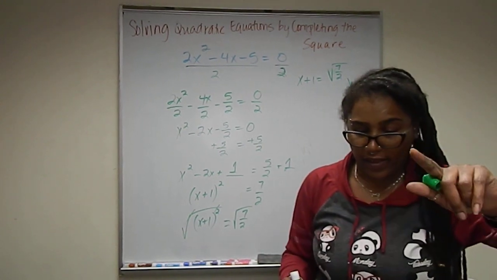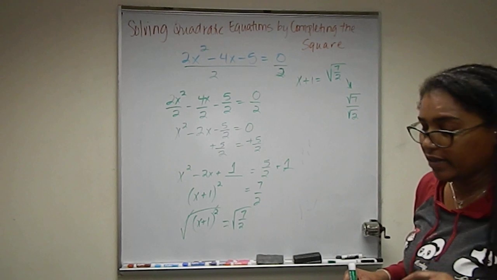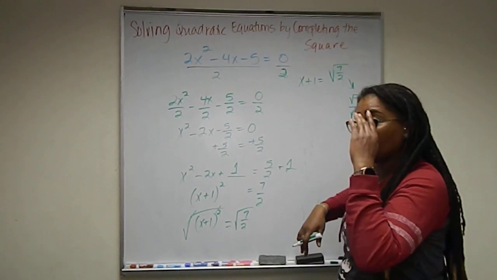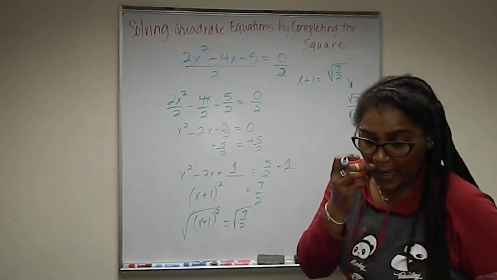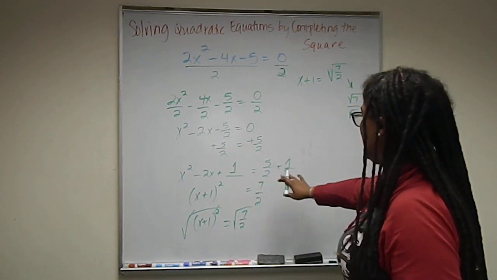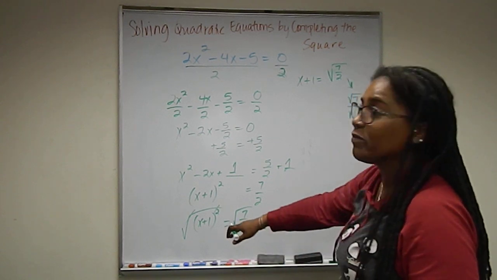But before we get to the radicals in the denominator, we're going to move this 1 over. Did we move this 1? Oh, we moved that other 1. Now we got to move this 1.